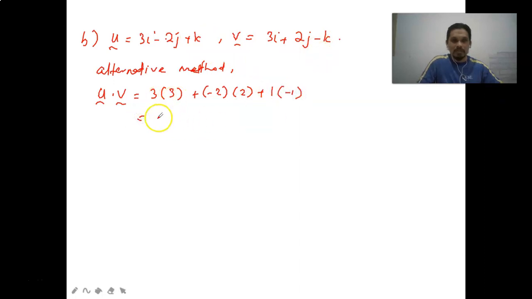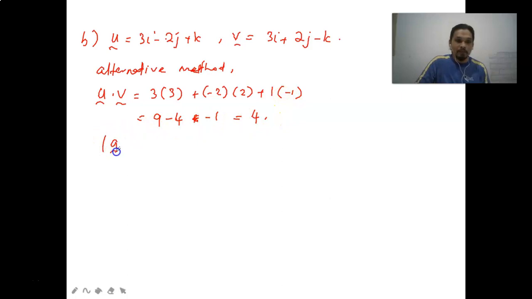So 3 times 3 equals 9, negative 2 times 2 equals negative 4, plus 1 times negative 1 equals minus 1. 9 minus 4 minus 1 equals 4. 9 minus 4 equals 5, 5 minus 1 equals 4.